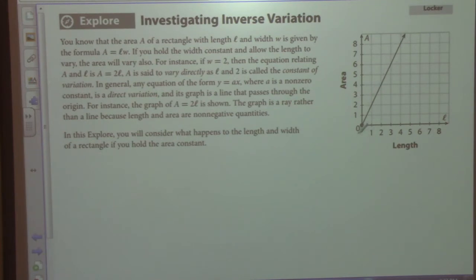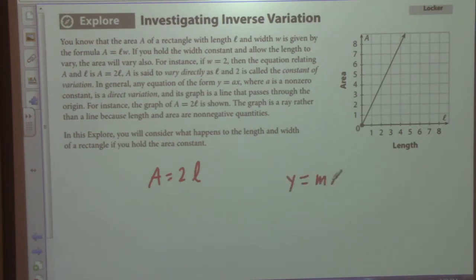So in this case you have A equals 2L, and what is the equation for slope-intercept form? Remember what that is?